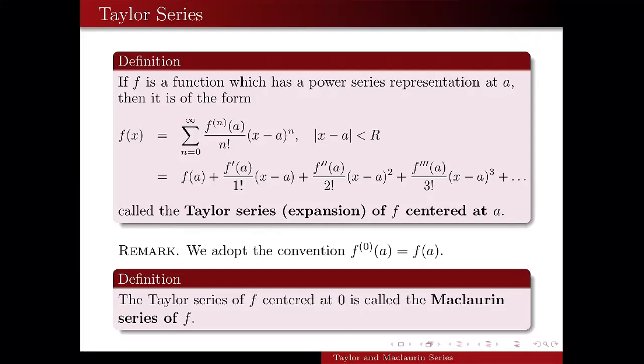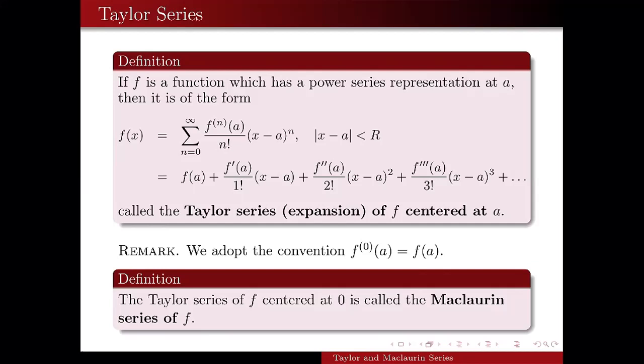So if I ask you to find the Taylor series of f, you have to ask me which center, or I will tell you what the center is. On the other hand, if I ask you to find the Maclaurin series of f, automatically the center is 0. All right? Questions?